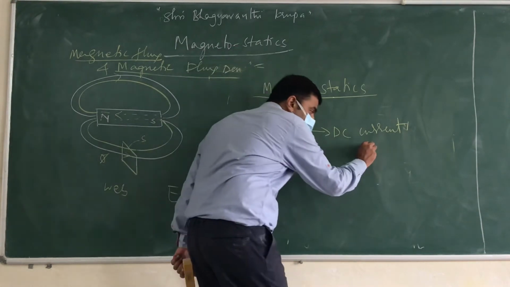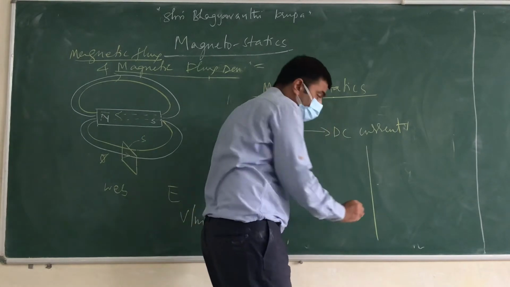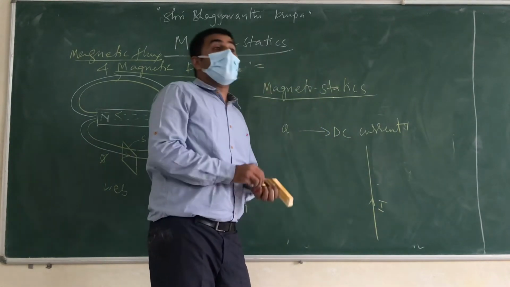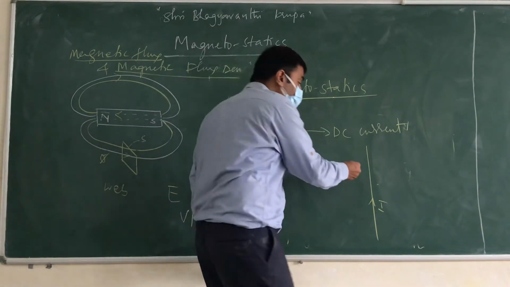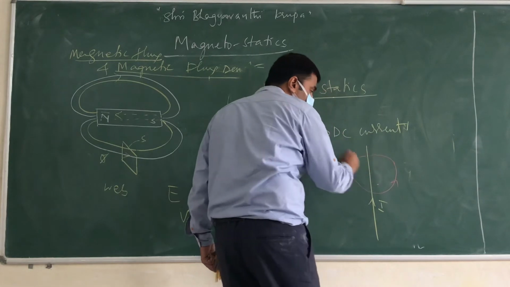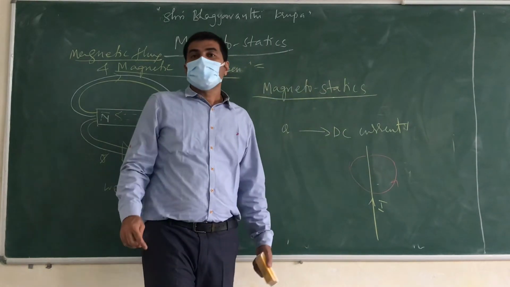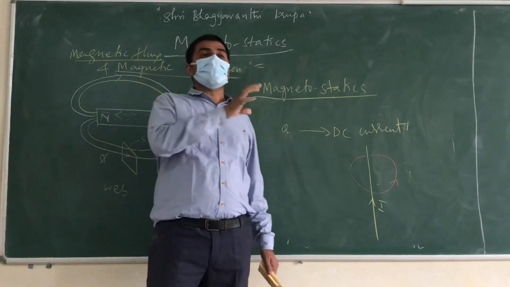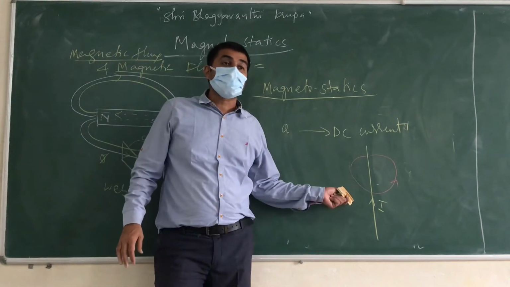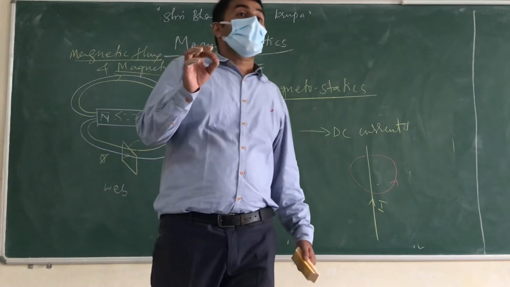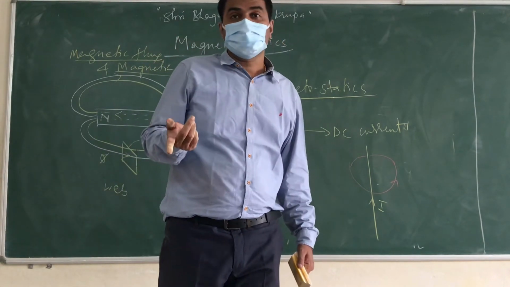Let us take this is a conductor. The DC current is denoted by capital letter I, and it creates a magnetic field around it. This is like this. This magnetic field created is time varying or not?